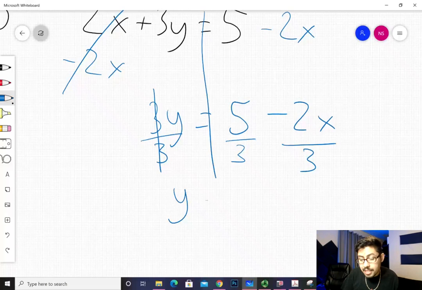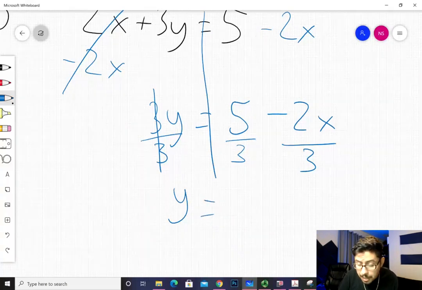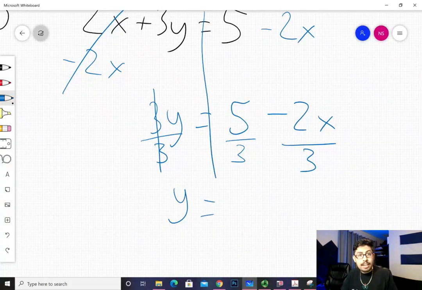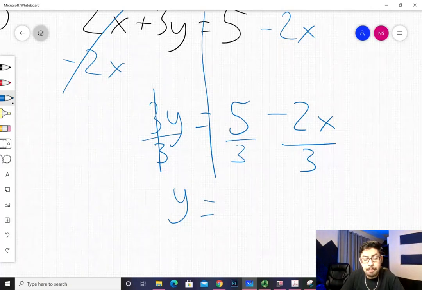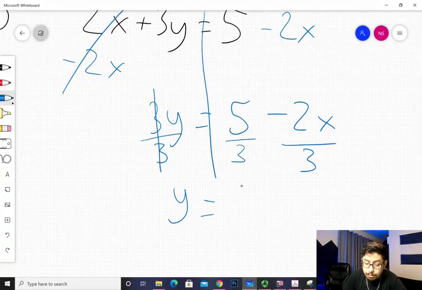Now you know, not a biggie. So let's do it. 5 divided by 3. You could do that on the calculator and come out with the decimal. But in the world of graphs and in most math, they like leaving stuff in fraction form. So just leave it as a fraction.